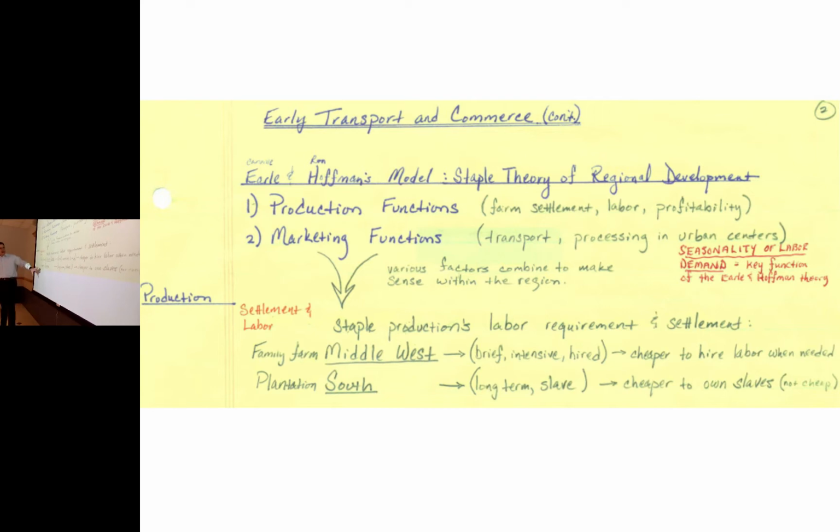The plantation South, not to say people didn't have plenty of children, they did, but in the South, labor was scarcer. It was not as available as in the Middle West, and it didn't have to do with the demographics as much as the type of work. All right.